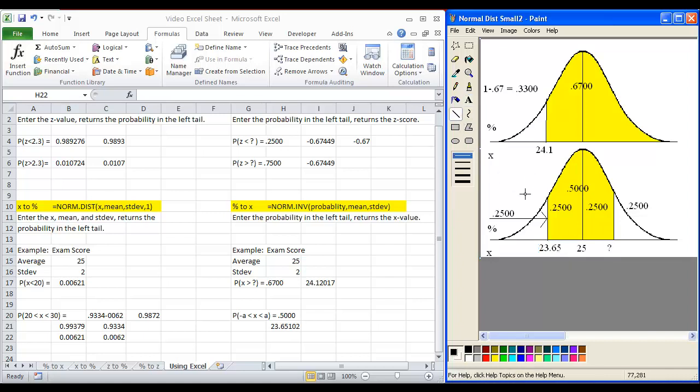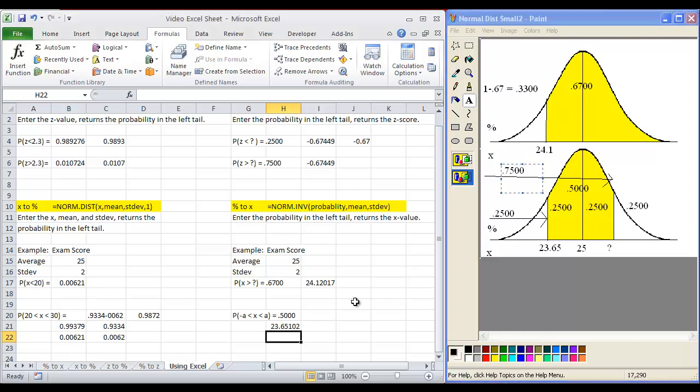What's my upper value? My upper value, we need to go from here up to there. So if I add all of these, 25%, 25%, and 25%, I'm going to catch myself at 75%. It's 0.7500. So the value I want to enter into Excel, because I need my left tail to enter, equals Norm.inv. And we want 75%.